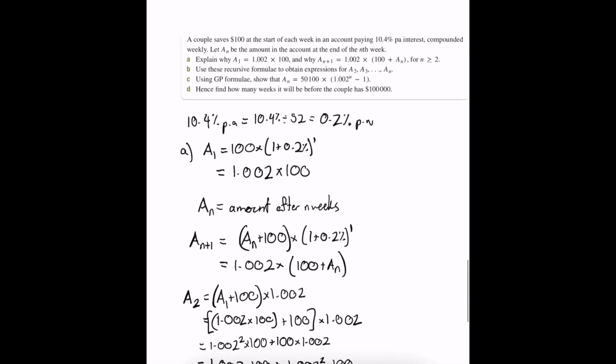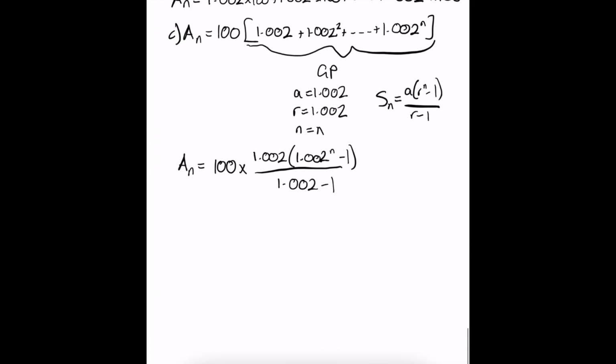The only other thing within this expression is this 50,100, which should indicate to us that everything else that's outside of the 1.002 to the n minus 1 should equal 50,100. So this whole bit here should equal that.